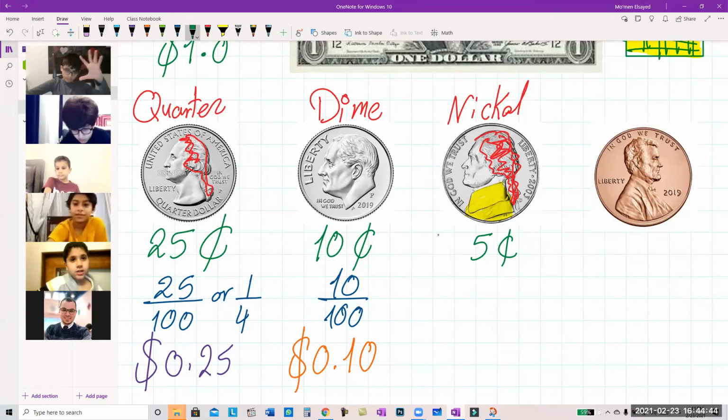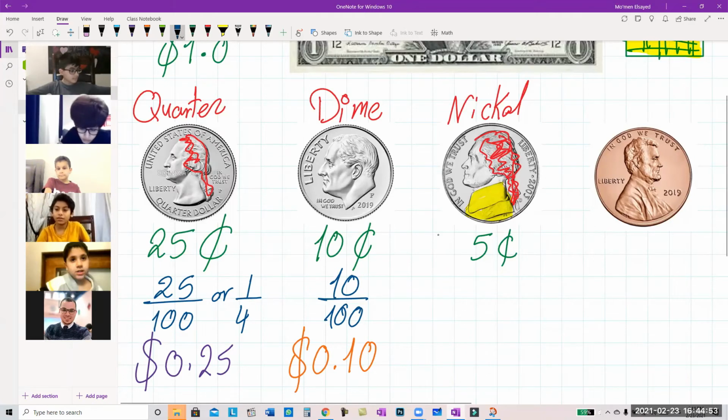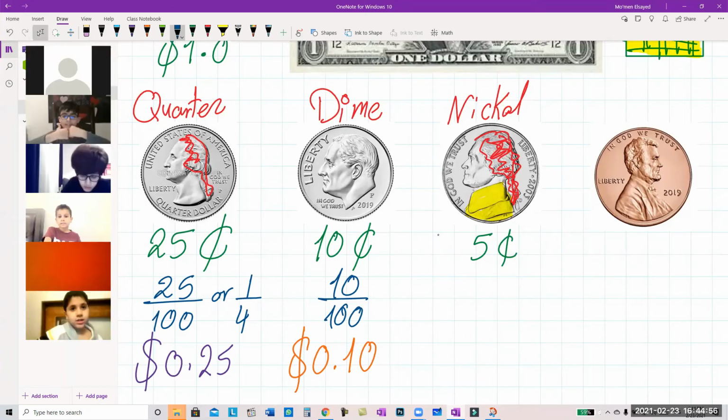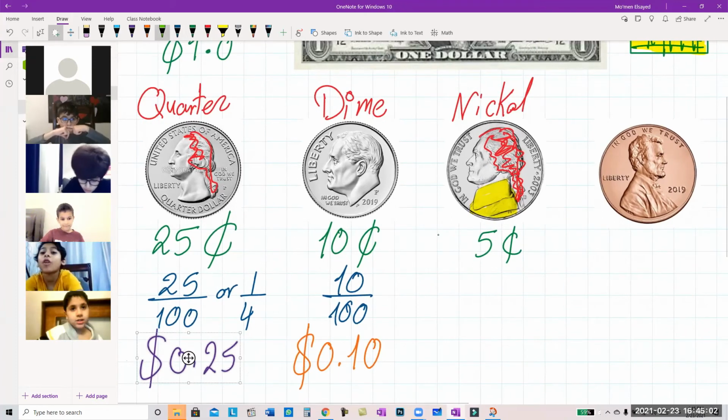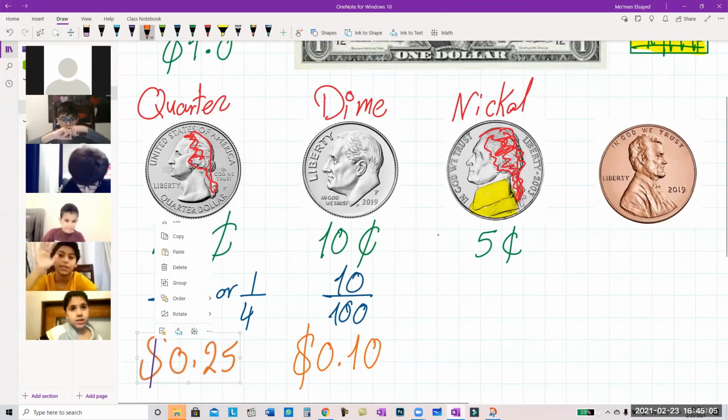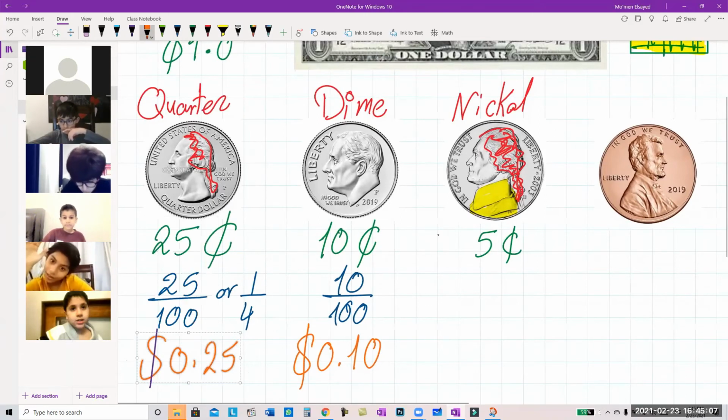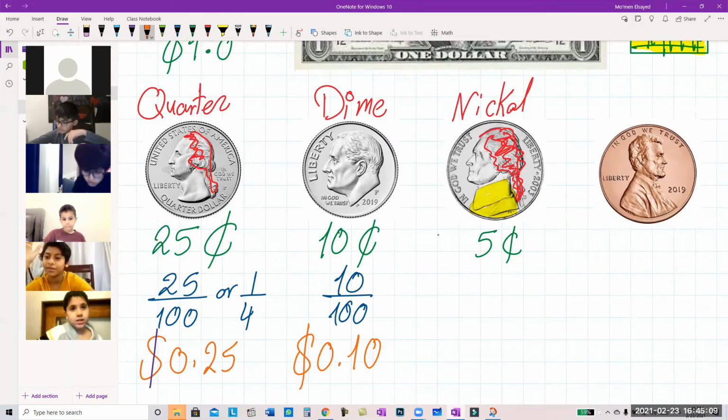Okay. So it will be 5 cents. How can we write it as a fraction?